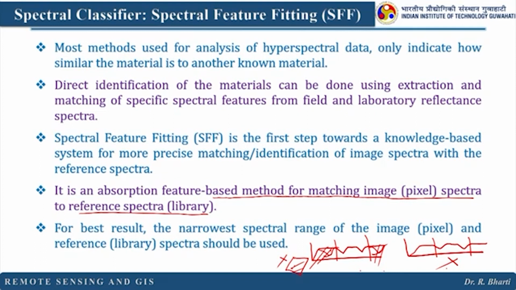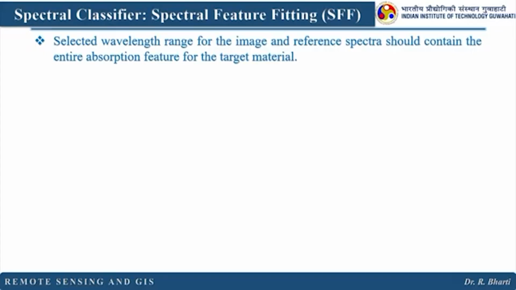So remember here, when you are going to target X material, then you should use all the absorption troughs for X. You should not avoid any of them. Otherwise, you will end up identifying some wrong material, right? So the selected wavelength range for the image and reference spectra should contain the entire absorption feature of the target material.